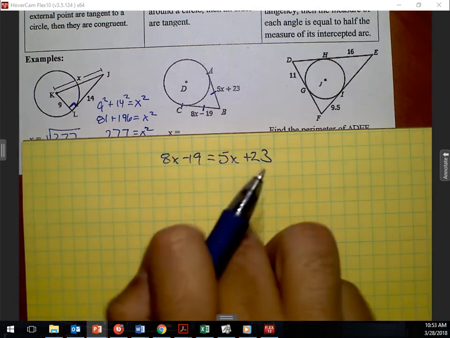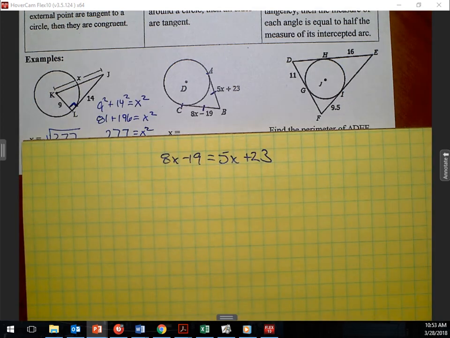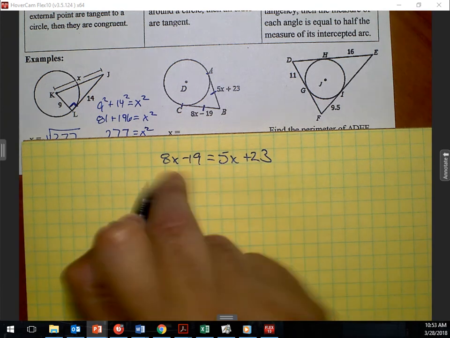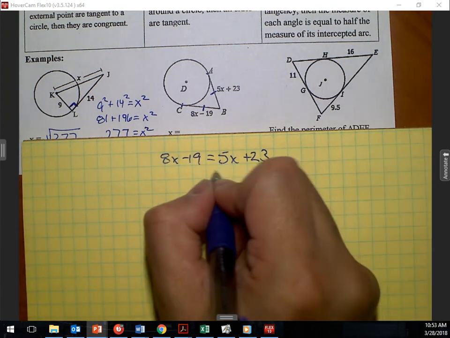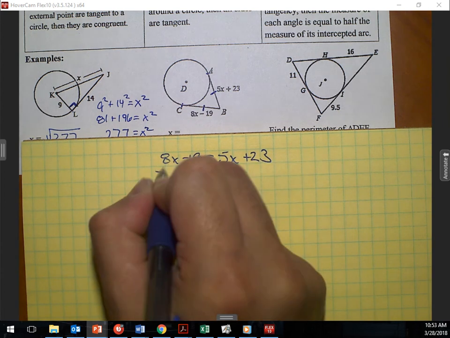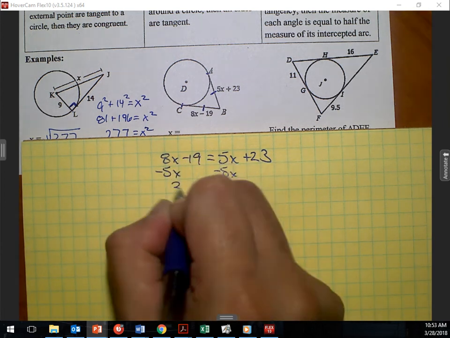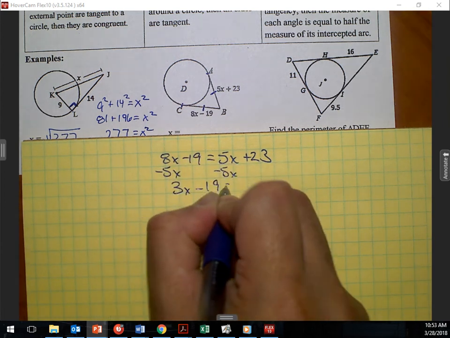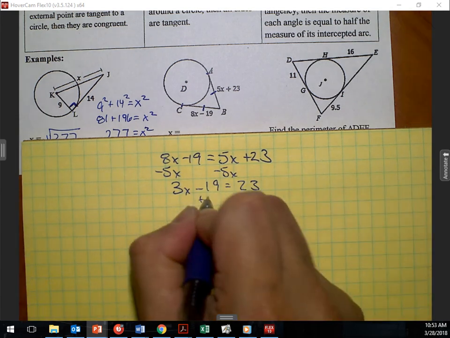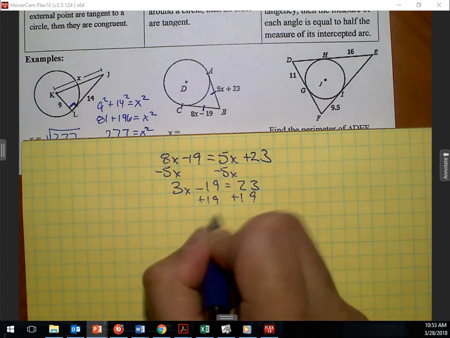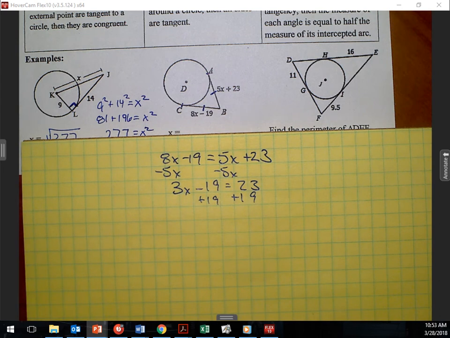You guys could use the underside of your notes with the line paper on this if you need it. So let's start by subtracting 5x from both sides. So I should get 3x minus 19 is 23 plus 19. Can you slow down? Oh, sorry.